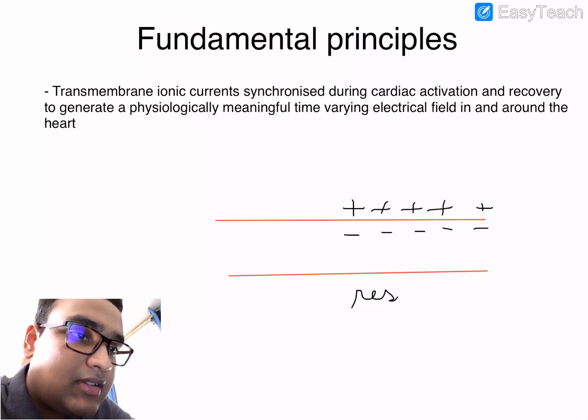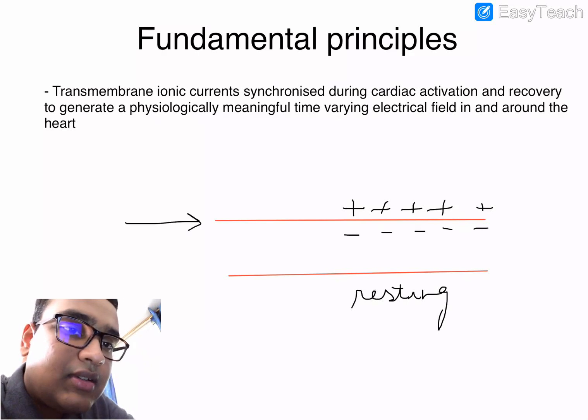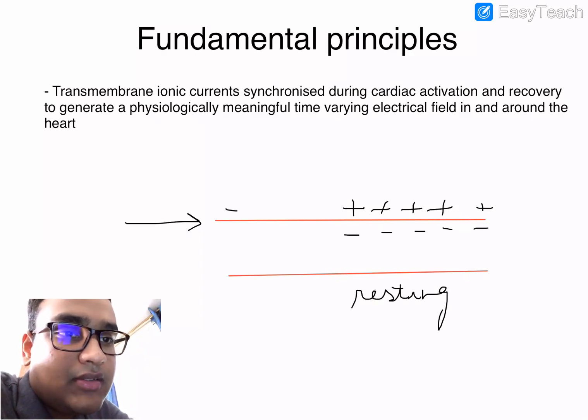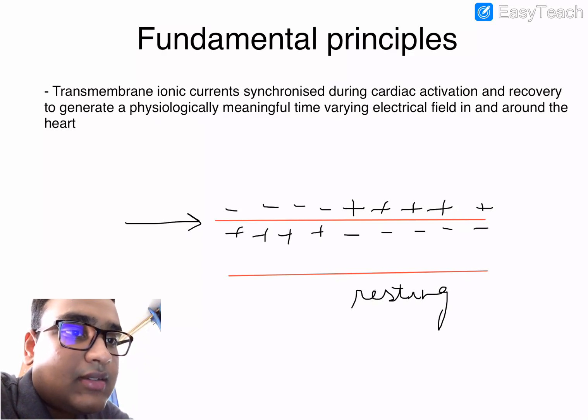So this is the resting phase. When there is an impulse put on this muscle fiber, that is a cardiac impulse which is generated by the SA node, there is reversal of this polarity. So there is negative outside and positive inside, and this keeps on progressing forwards.